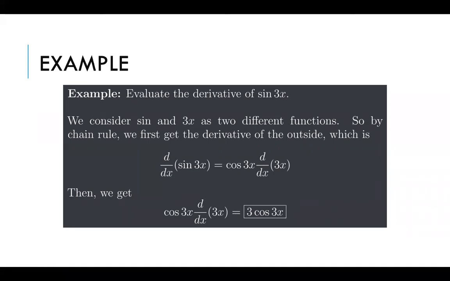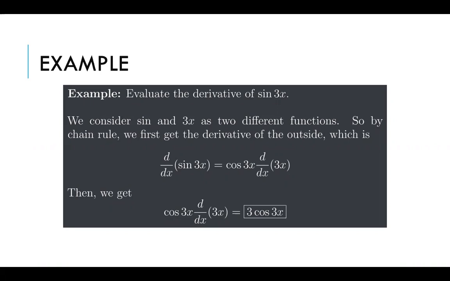So first, we consider the sine and 3x as two different functions. So by the chain rule, we first get the derivative of the outside, which is d dx of quantity sine 3x is equal to cosine 3x.